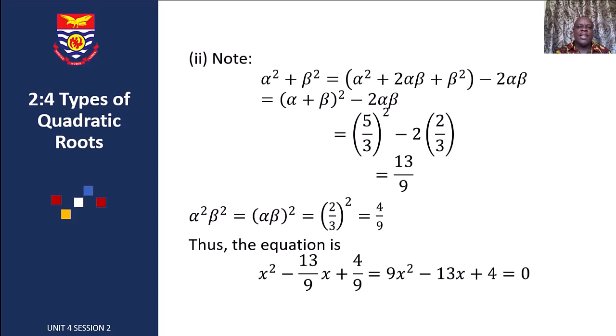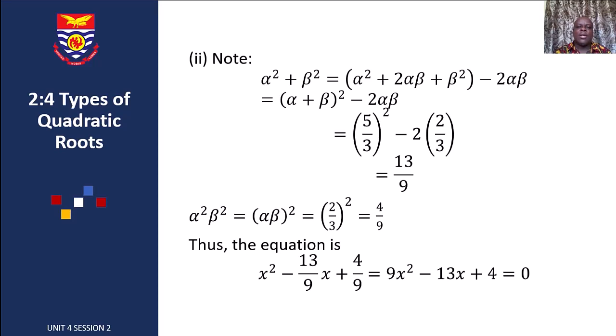The expanded form of alpha squared plus beta squared is equal to, in bracket, alpha squared plus 2 alpha beta plus beta squared, then minus 2 alpha beta. Then what you have in the bracket is the same as bracket opens, alpha plus beta, bracket closed, squared. Then you bring minus 2 alpha beta.